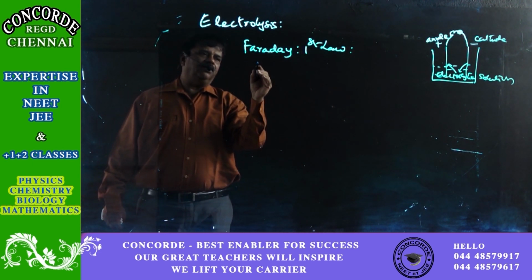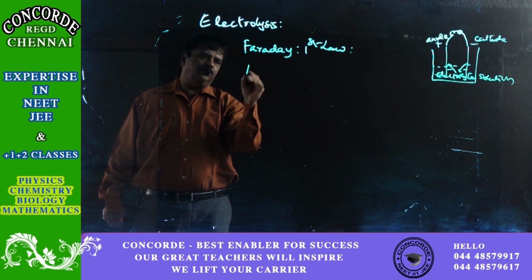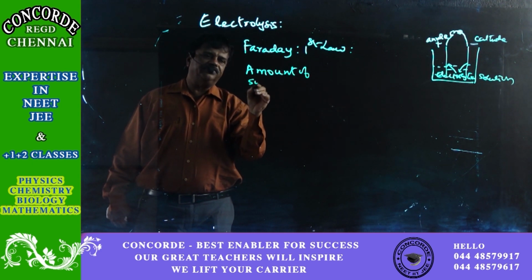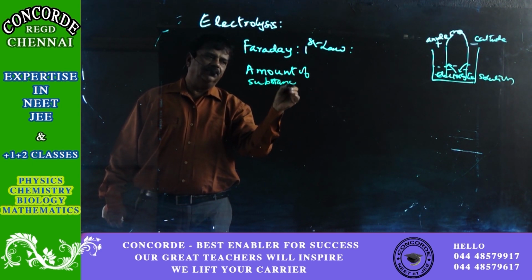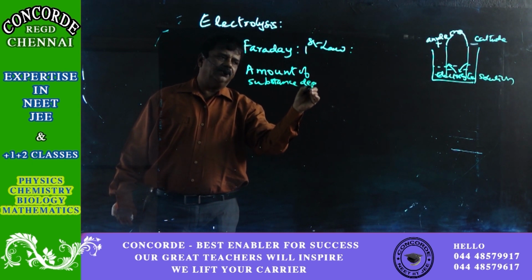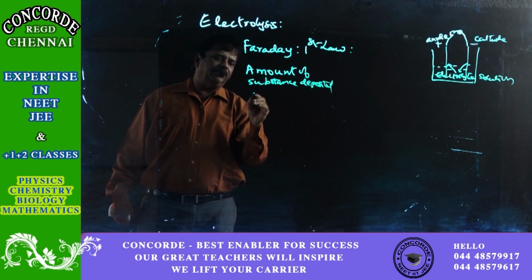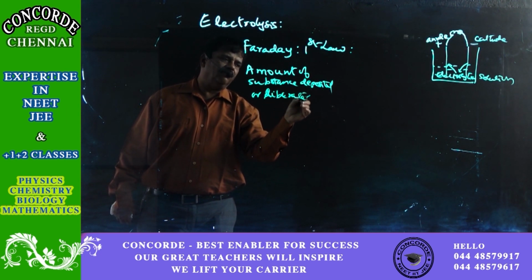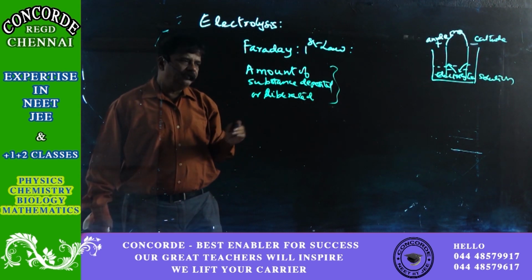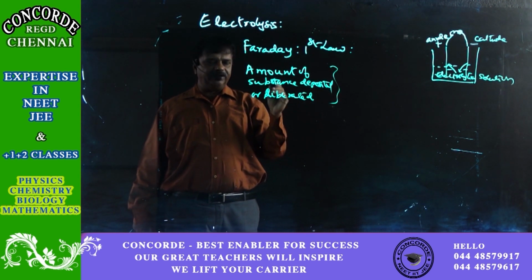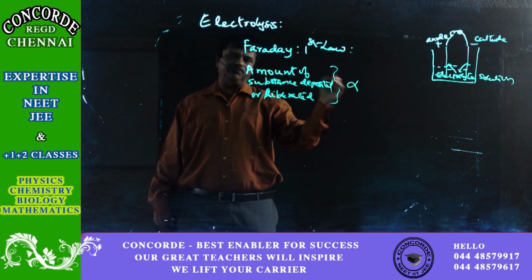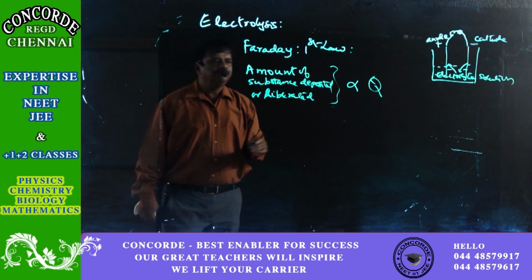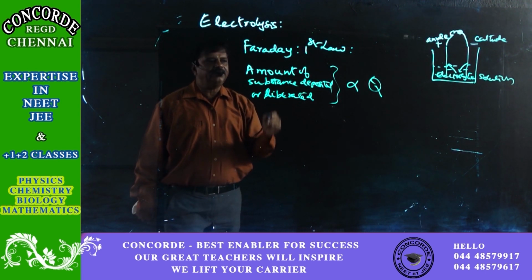As per the first law, the amount of substance deposited or liberated in any electrode is directly proportional to the quantity of electric current passed through the electrolytic solution.